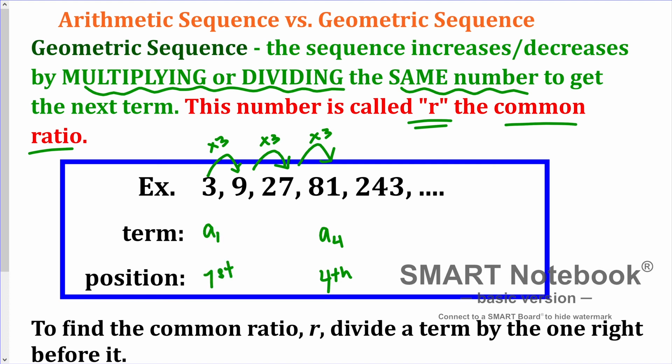All right. So then my A2 is 9, A3 is 27, etc. If I said, what's A10? Well, we don't know yet. We got to find out some more stuff about this sequence in order to figure out what A10 is.